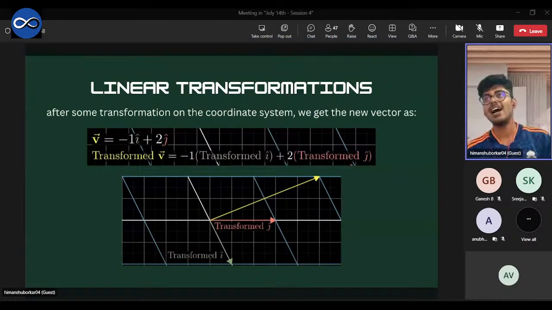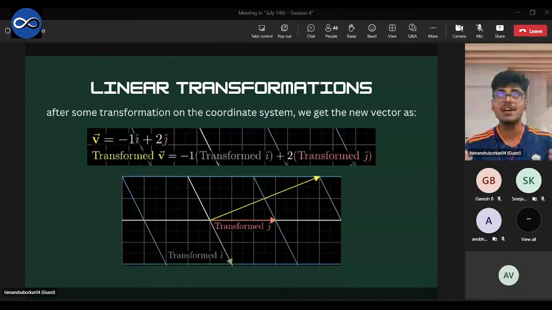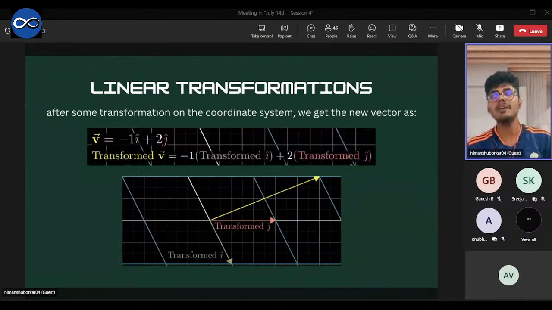So I have 1 apple and 2 bananas. The coordinate systems are different, but you see what is happening, right? The scaling is going to remain the same. That is what I'm trying to say. Even if you transform a particular coordinate system, you will transform the vector as well. Transforming a coordinate system will indeed transform a vector, and the transformed vector will be similarly scaled.